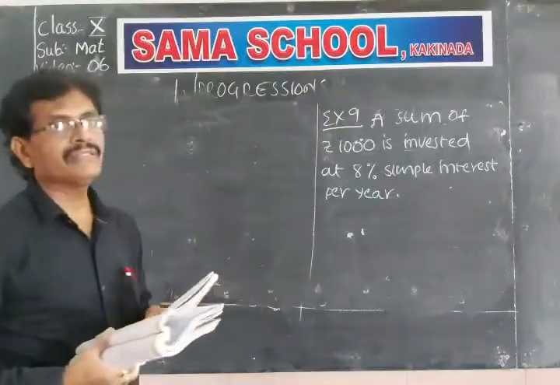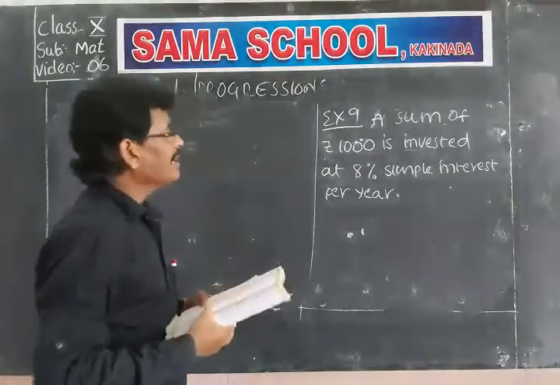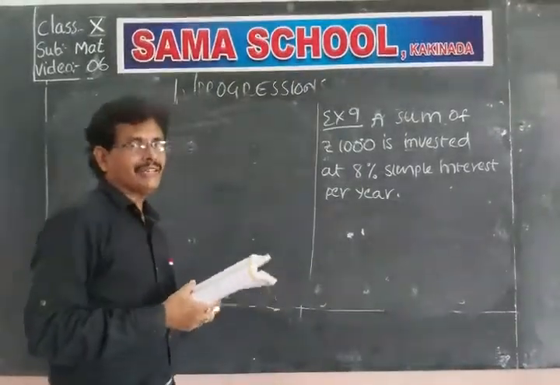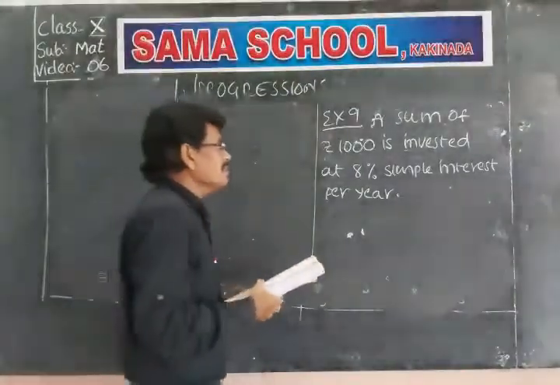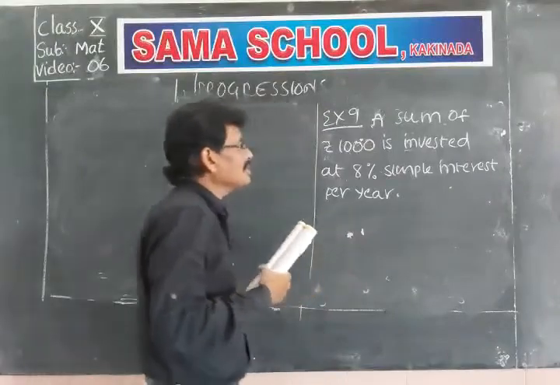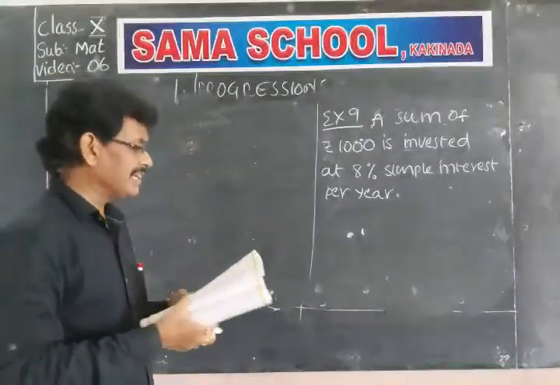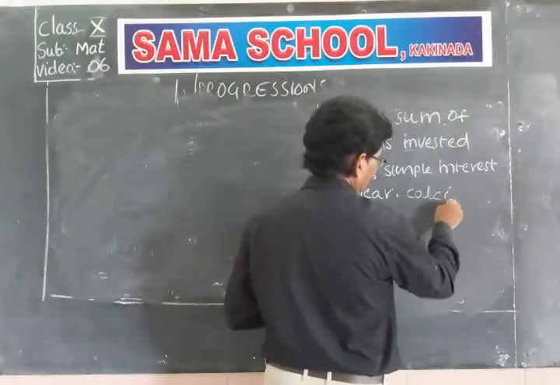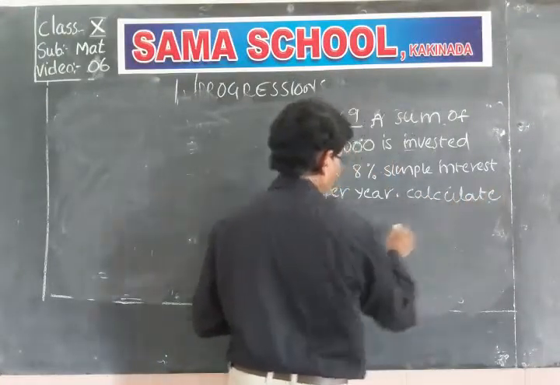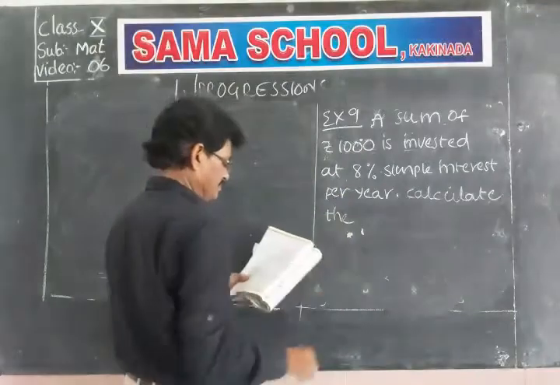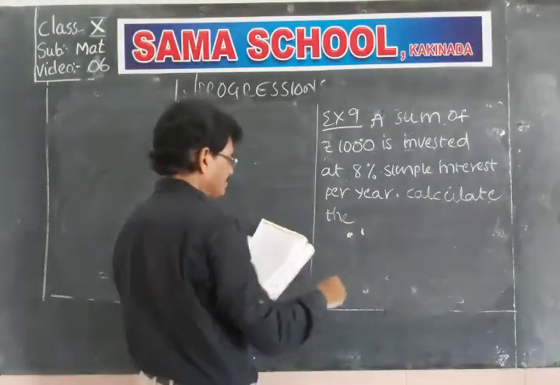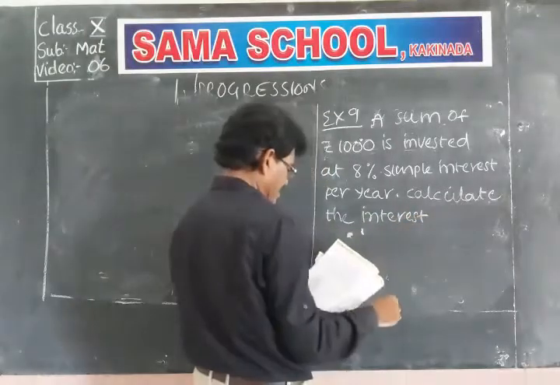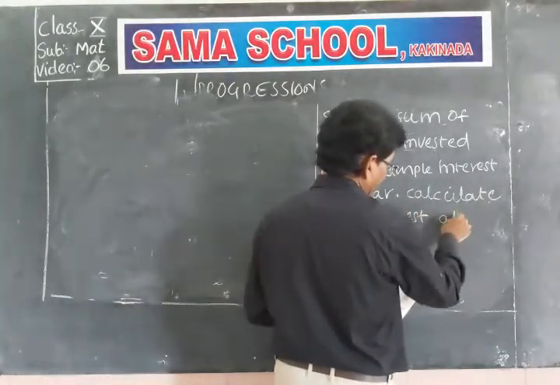A sum of 1000 rupees is invested at 8% simple interest. Simple interest I is equal to PTR by 100. So he invested this amount at 8% simple interest. Calculate the interest at the end of each year.